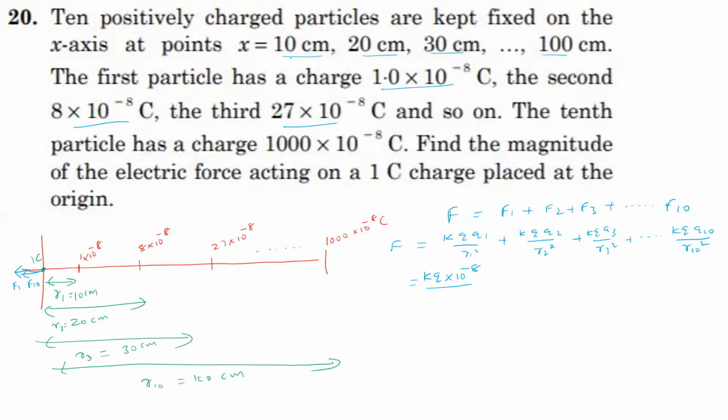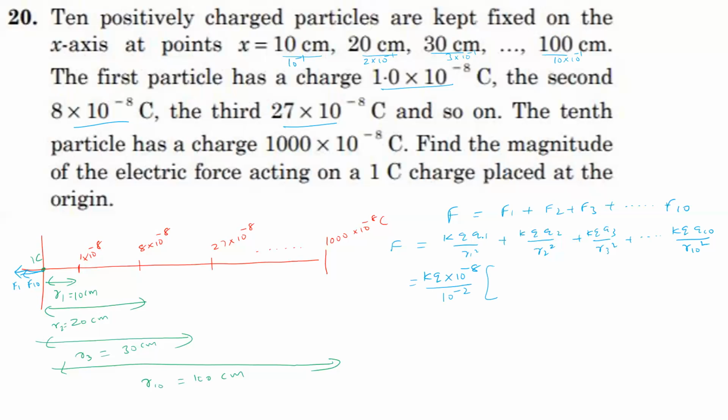10 centimeter we can write as 10^-1, 20 centimeter as 2 × 10^-1, 30 centimeter as 3 × 10^-1, and 100 centimeter as 10 × 10^-1. If we take 10^-1 out of the denominator, its square, 10^-2, is taken out.